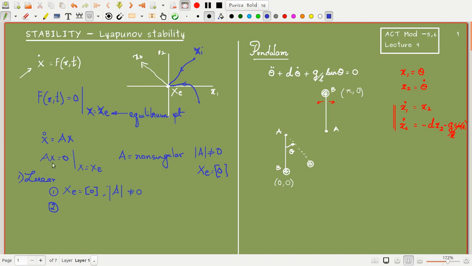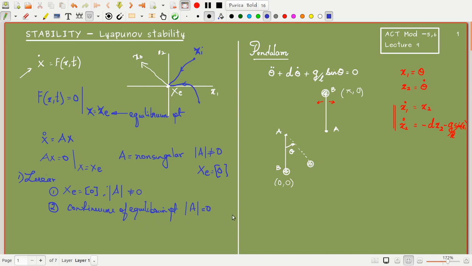If the determinant of A equals 0, I can have an infinite number of x's. This equation can be satisfied for an infinite number of equilibrium points. So I can have a continuum of equilibrium points when the determinant of A equals 0.